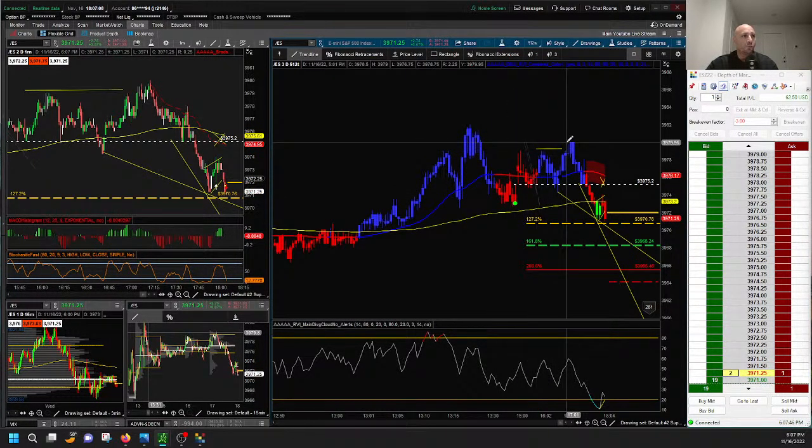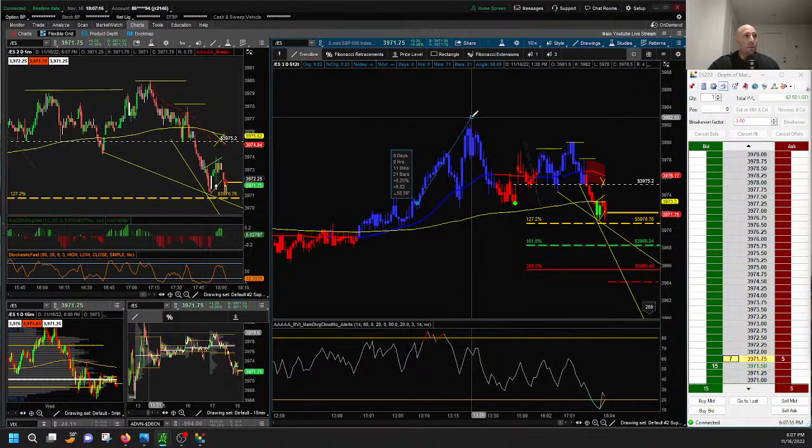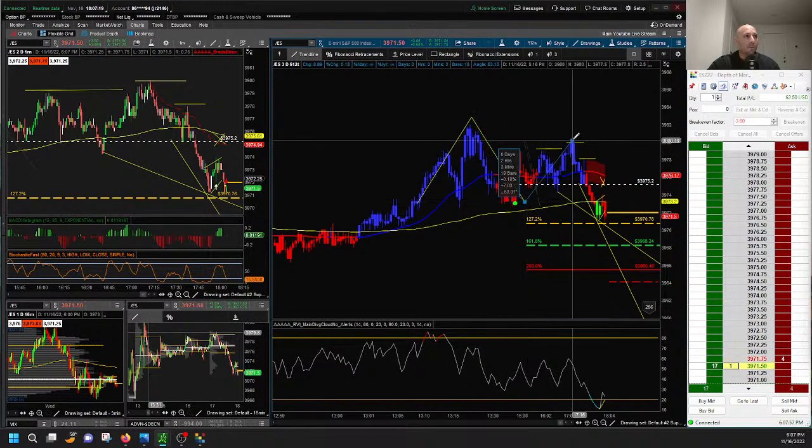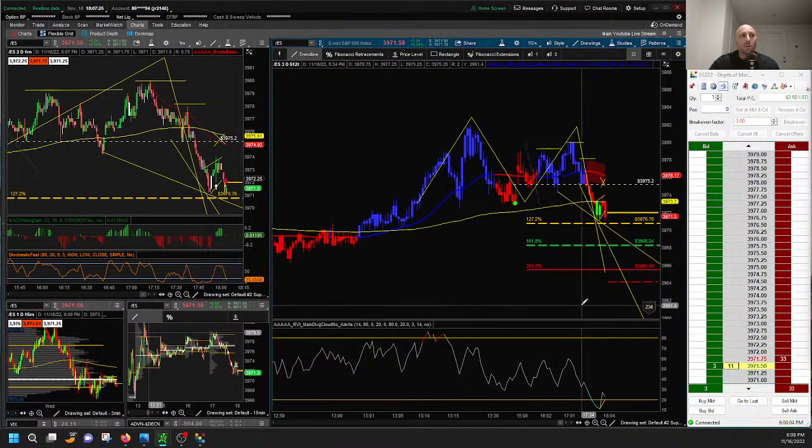We got a shoulder, head, shoulder. Here's our neckline, right? I mean, stop me anytime. We got a bigger M pattern. I could show you patterns until the cows come home. Which one's going to work, right? I don't know.